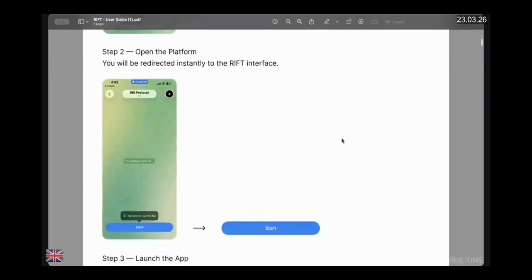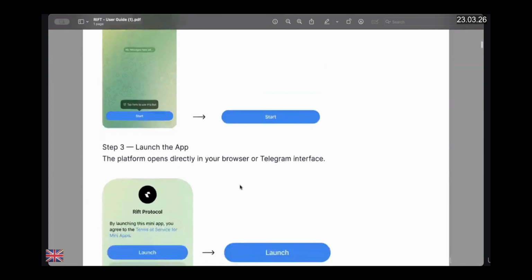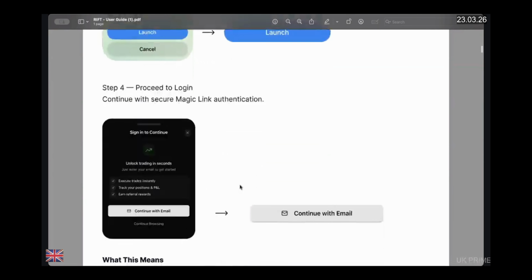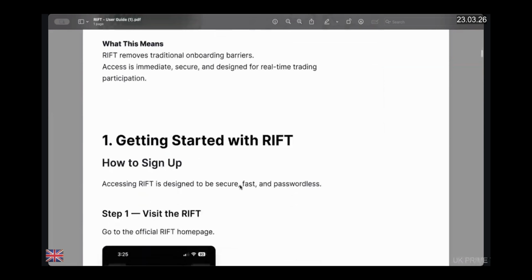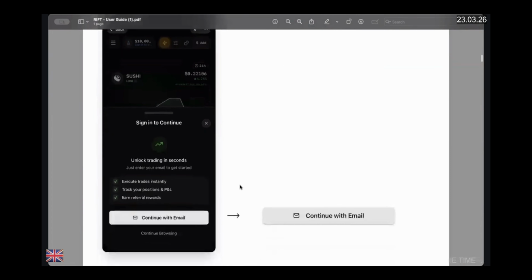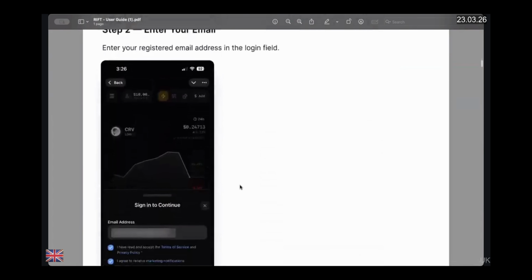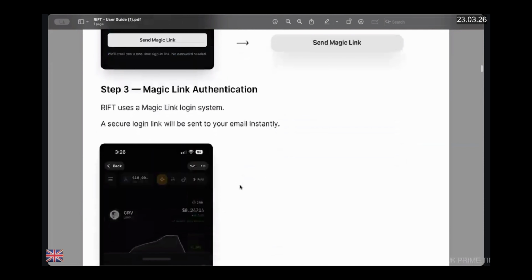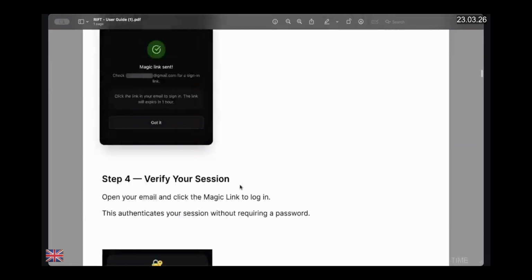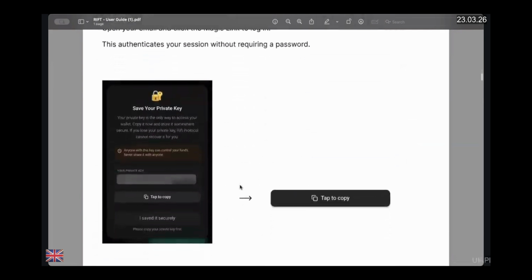You scan this code and open the app. Once you visit the app, you click on the start button and you launch Rift. You will get an option to sign in to continue. When you continue with your email, once you enter your email and click on send magic link, a magic link comes to your email that allows you to create a private key with which you get access again to your account.